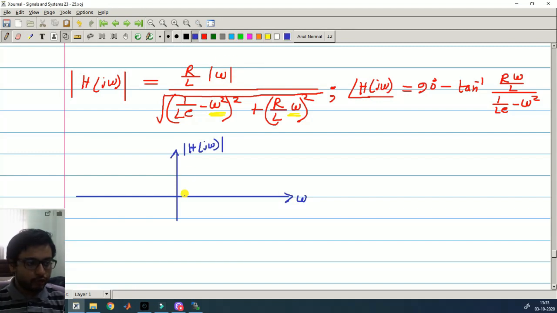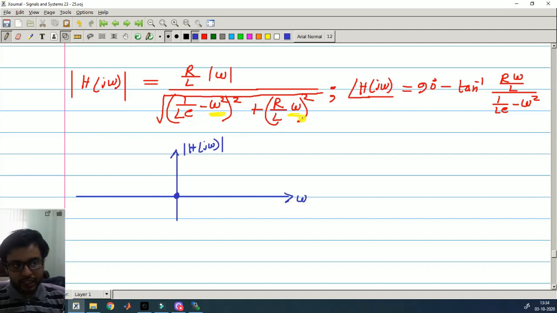So at very low frequency the magnitude will be 0. At very high frequency, when omega is very high, in the denominator we will get omega to the power 4. There will be one term with omega to the power 4, that will be the dominant term, and that is under the root.